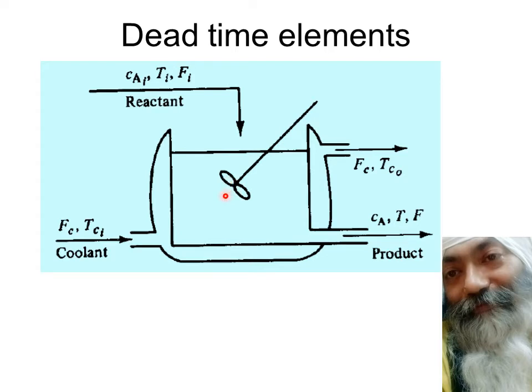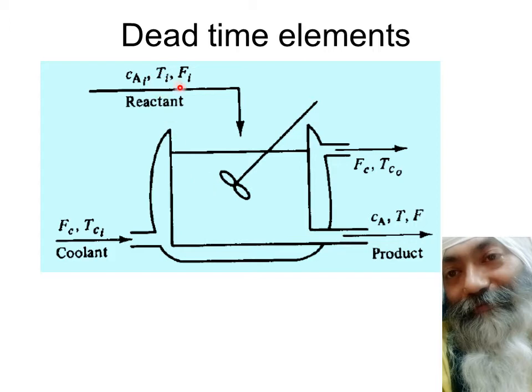As such, it's quite similar to the continuously stirred tank heater. The only difference between heater and reactor is that in a heater, whatever is going in is chemically the same as what is going out.